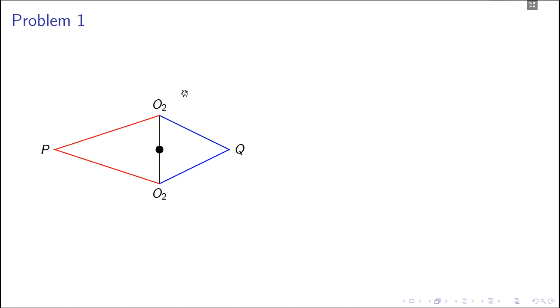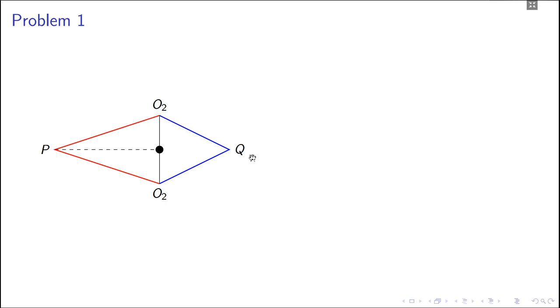And now you have to show that if you join this and you take the midpoint, this will be collinear. So if you draw a straight line through P and Q, it will pass through the midpoint. Basically, it's just a one line proof.